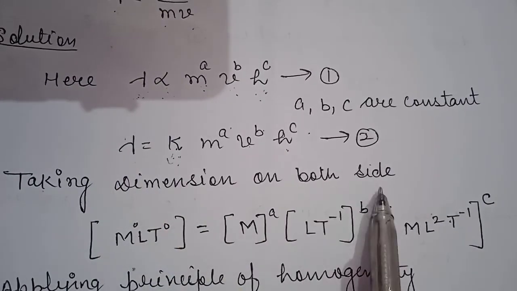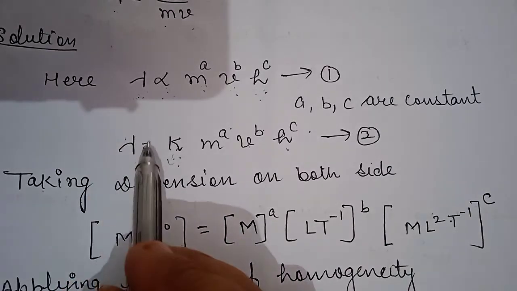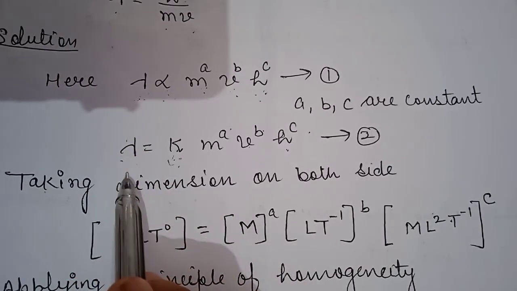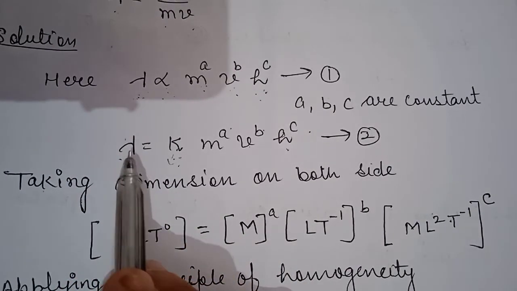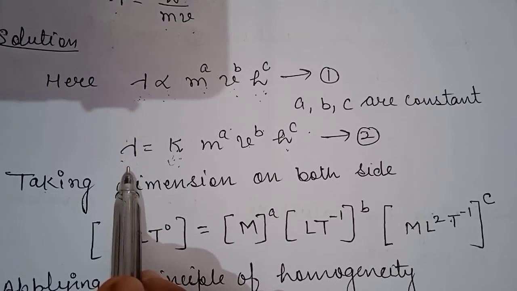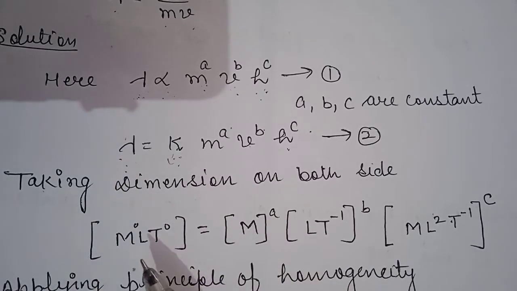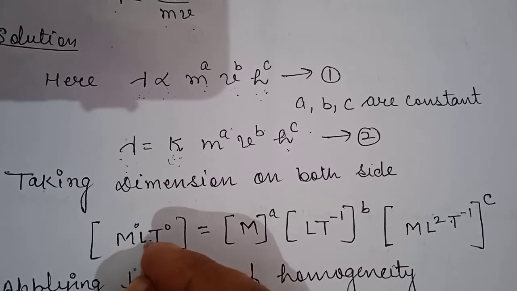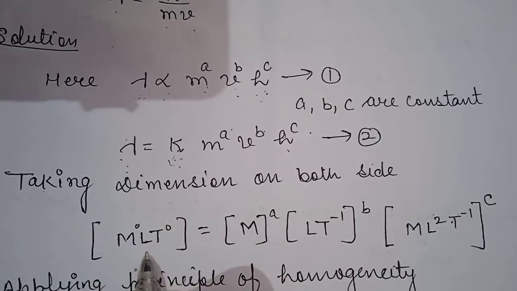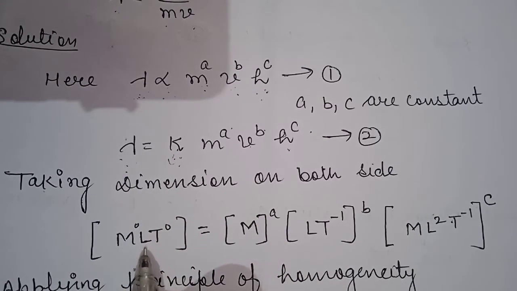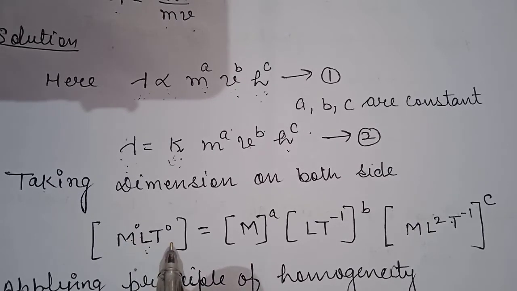What are the dimensions of lambda? Lambda is the wavelength, which simply means length, so its dimensions are M naught L T naught.